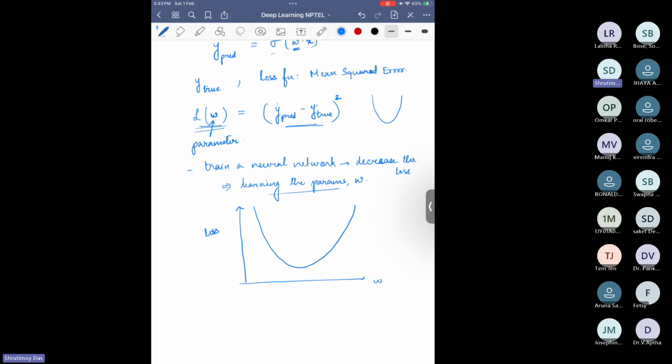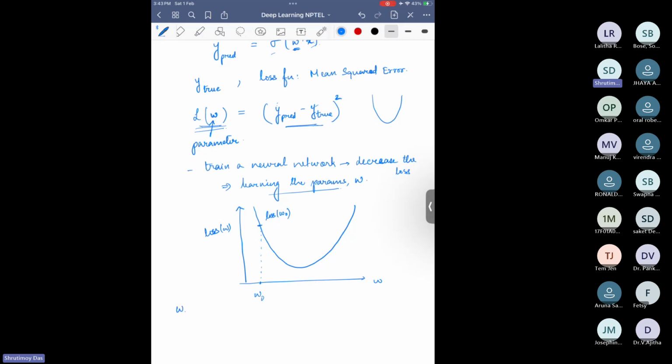Suppose, let us say. And now we know that this loss function is a function of w. So at some w, say w0, I have a loss of this much. So this is my loss at w0. So now, in which direction should my w go?